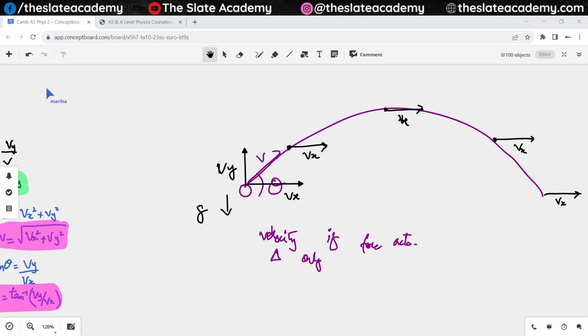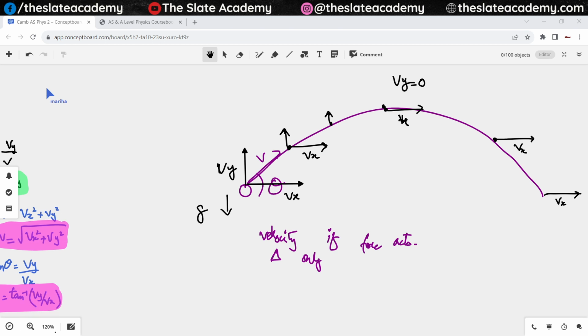As for Vy, since gravity is pulling the ball down, Vy loses its value until the ball gets to the top, where the vertical component of the velocity becomes 0. How do we know? Because if there were any more vertical velocity, the ball would have gone further up. The ball stops going up because there is no longer a vertical velocity to make it go up.